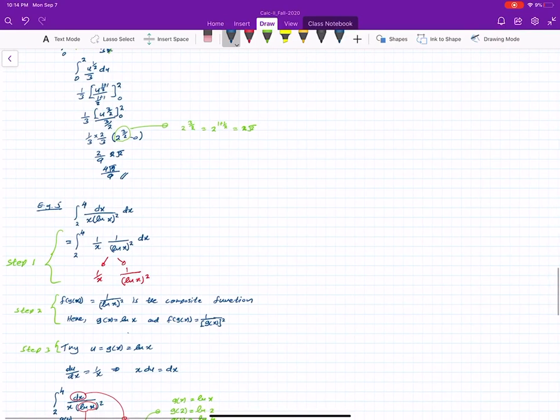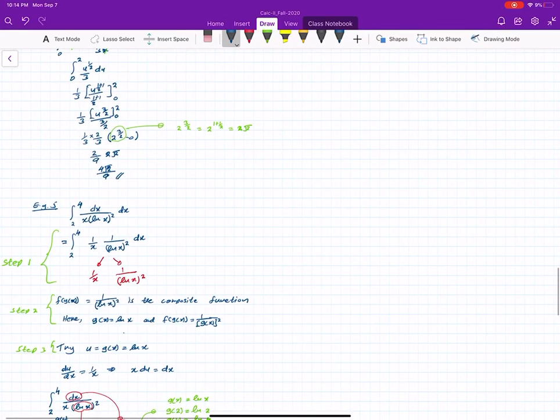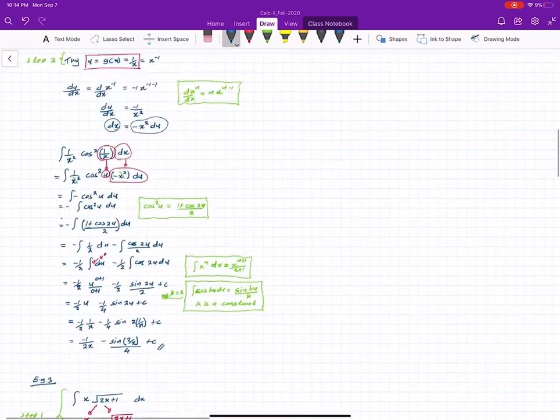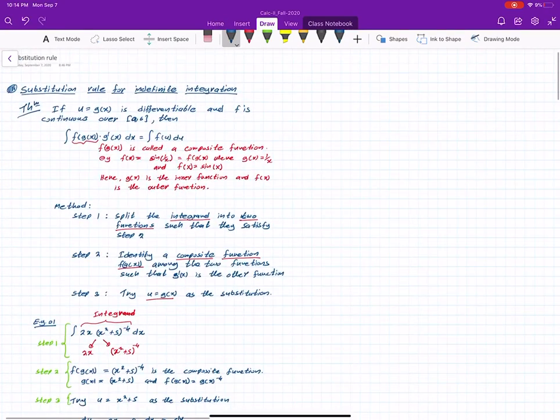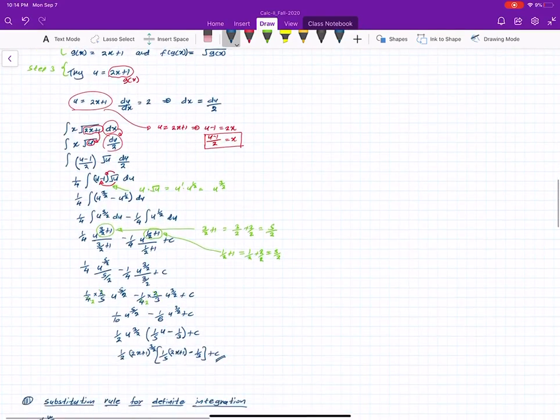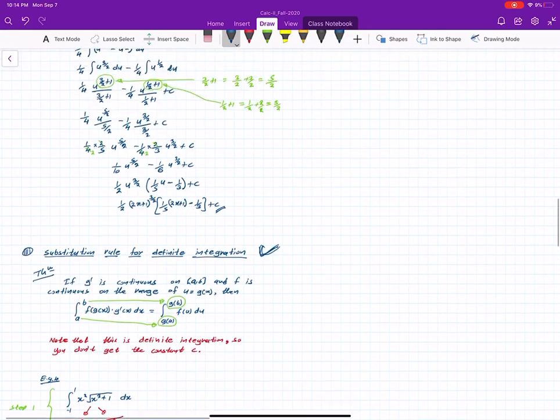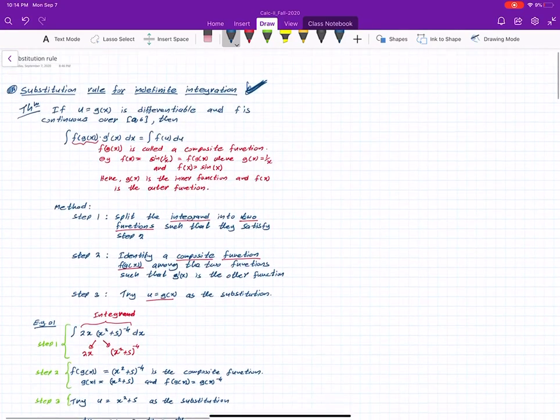This section is little hard, the substitution rule. The substitution rule has two parts. The first part is substitution rule for indefinite integration, and then the next part is substitution rule for definite integration. All right, so each part is followed by a theorem.